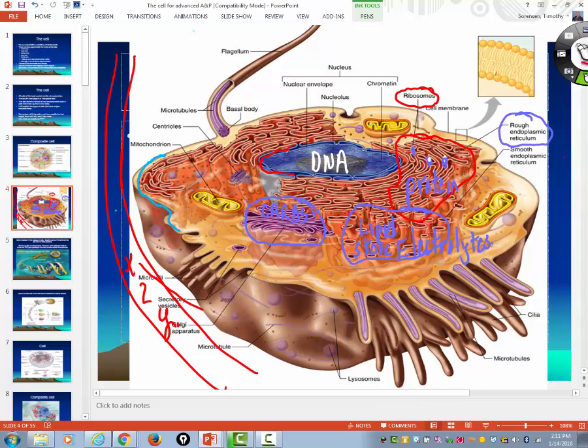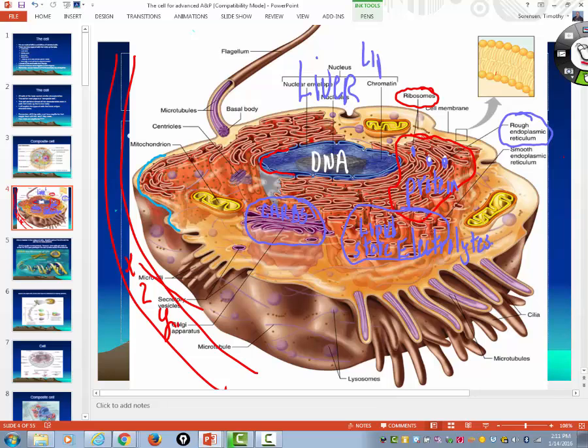cell product. So let's say, for example, and I'm making this up, this guy right here is a liver cell. The liver cell produces cholesterol. So if you need cholesterol, what's going to happen is the DNA is going to signal, hey, let's build some cholesterol.